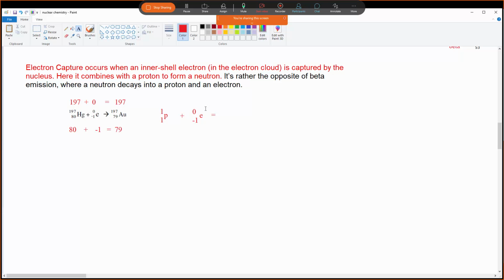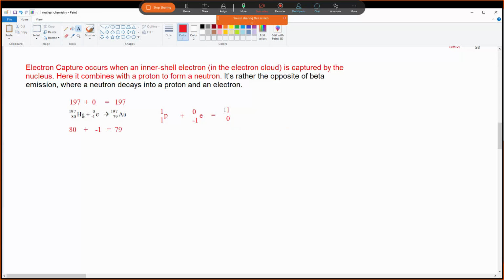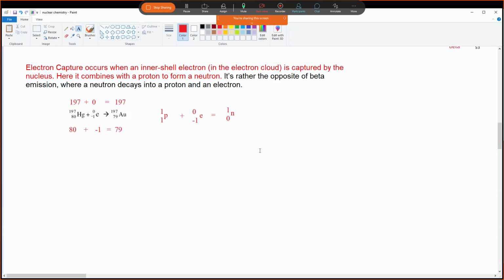Your mass of 1 plus your mass of 0 gives you a total mass of 1, and your charge of +1 plus your charge of -1 gives you a total charge of 0, and your particle with a mass of 1 but no charge, that's your neutron, right? So that's what's happening inside the nucleus while this mercury converts into gold.